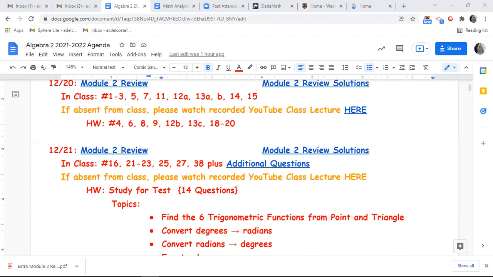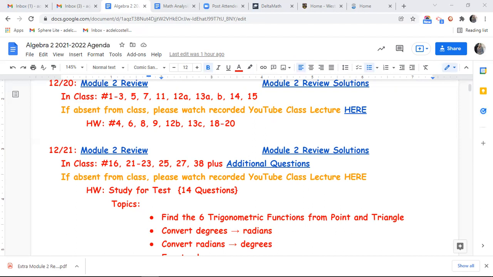No work you have to show. Cos is -24 over 25. And now you have to show some work. So tan is equal to sine over cos. I'm going to do that over here.